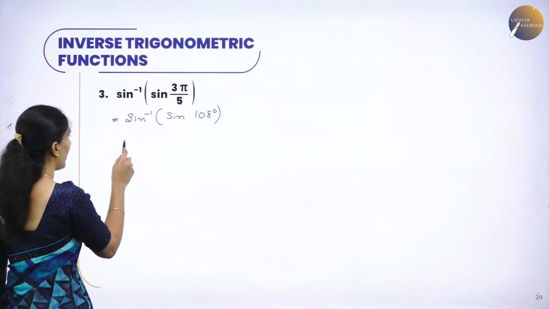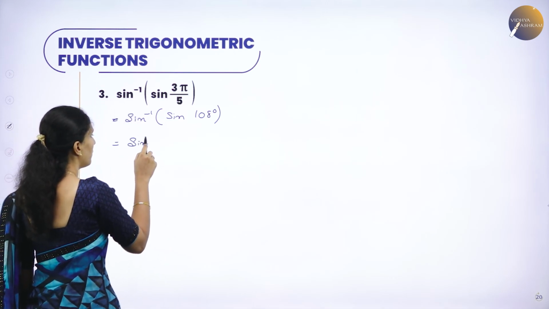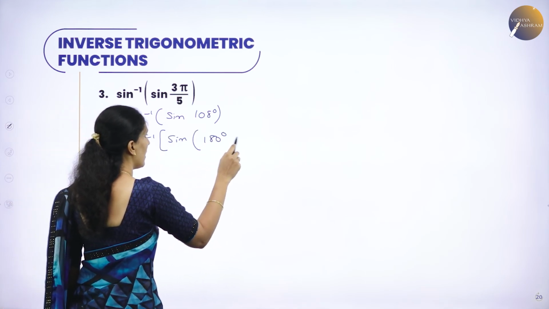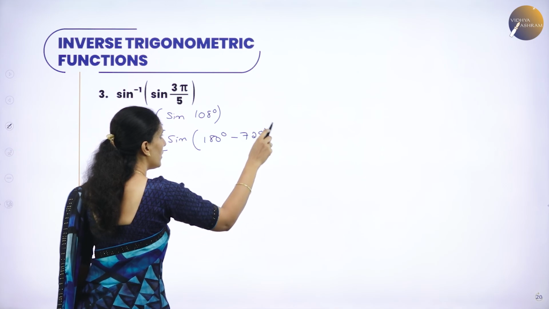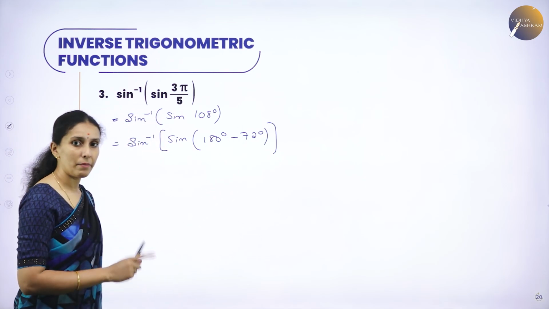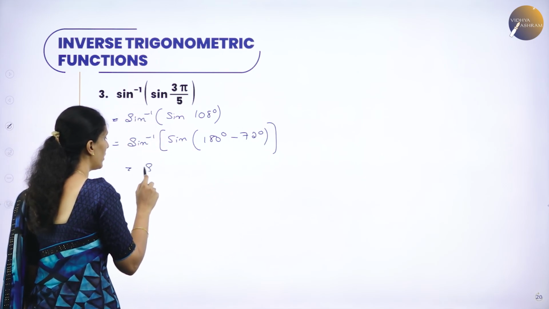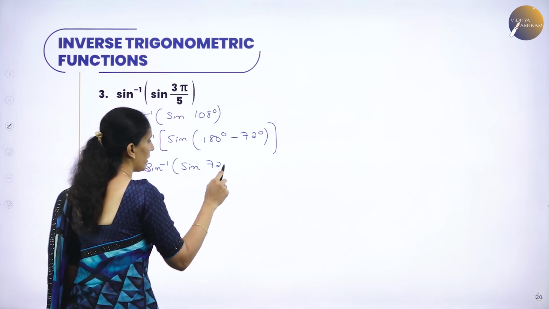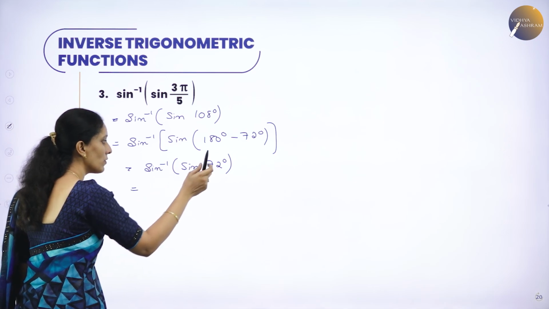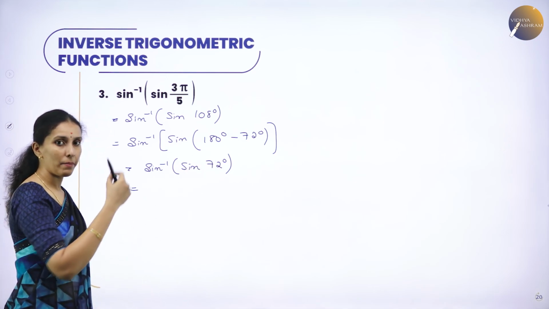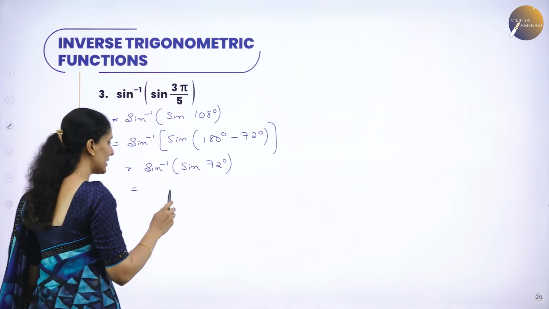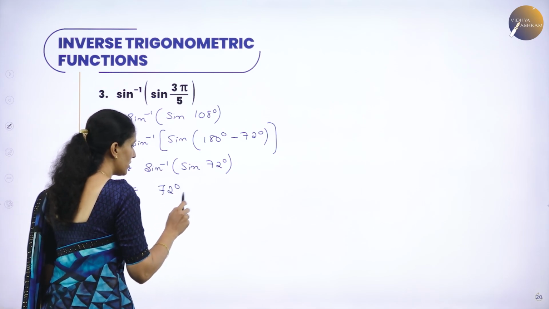So therefore I can write this as sine inverse of sine of 180 minus 72. And we know that sine of 180 minus theta can be written as sine theta. So therefore it is sine inverse of sine 72 degrees. Now 72 degrees lies between minus pi by 2 to plus pi by 2. Hence we can write sine inverse of sine theta as theta. So therefore the value is 72 degrees.